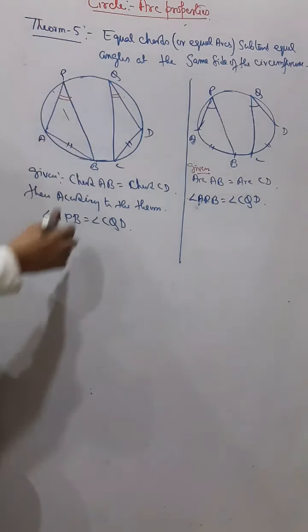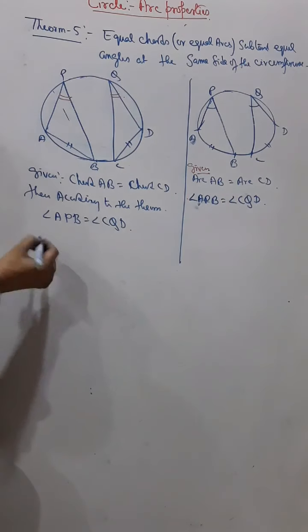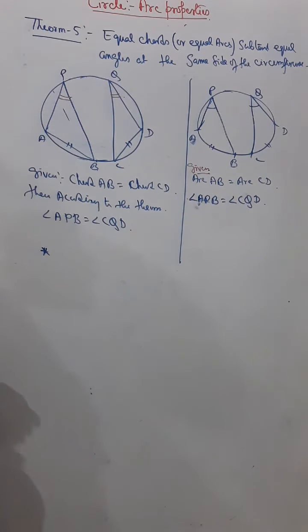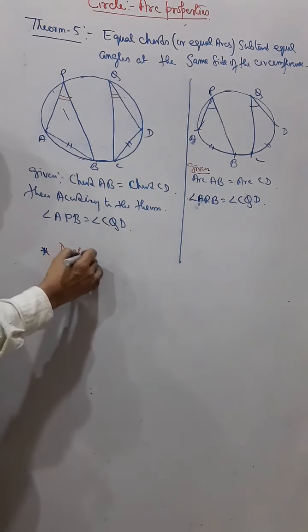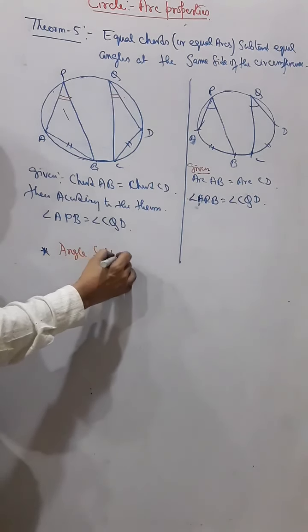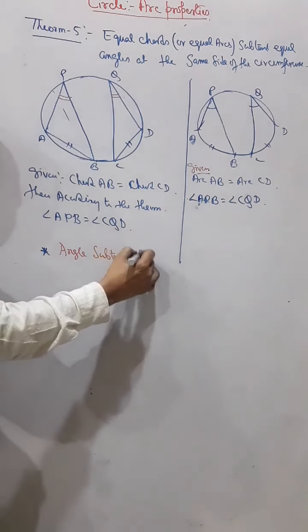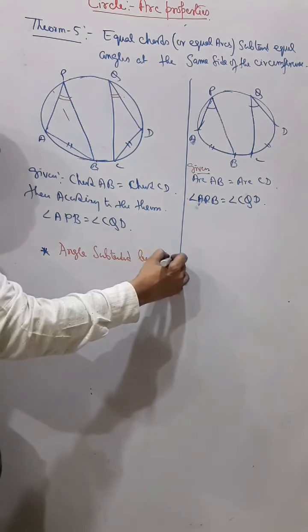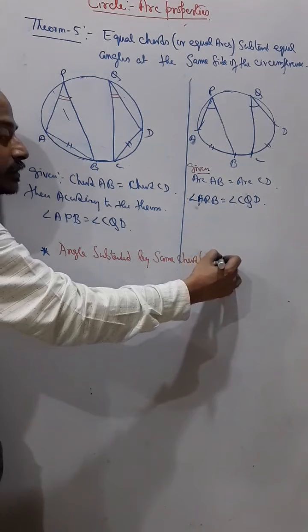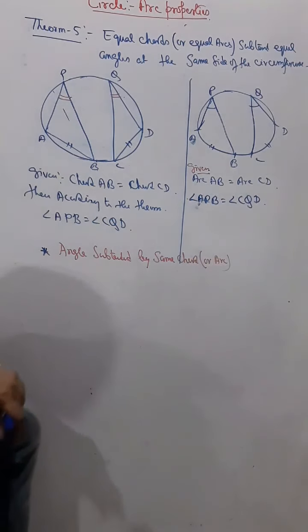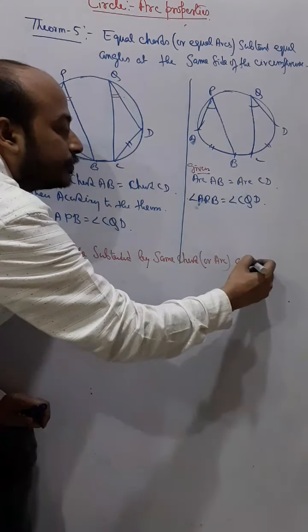Now this theorem, it can happen for same chord also, because equal chord means same chord. So now here they told equal chords, if the chords are equal, you can also say that angle subtended by same chord or arc are also equal.